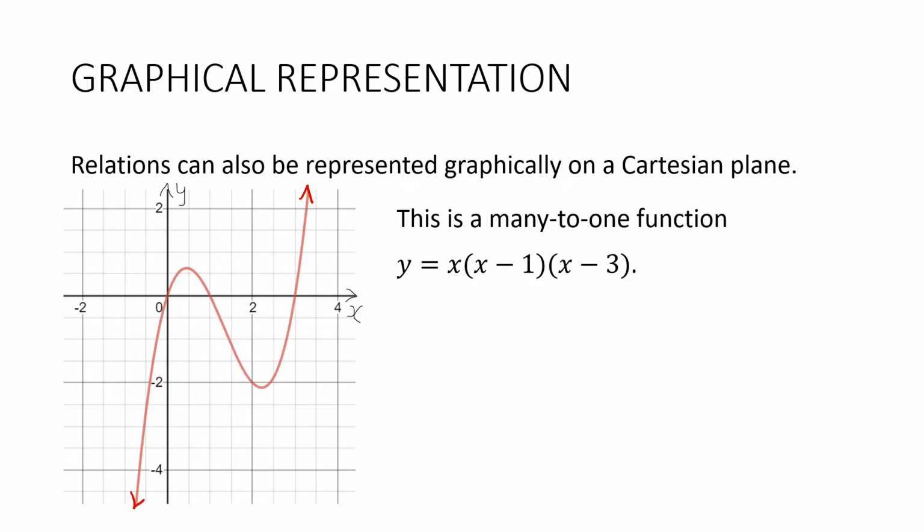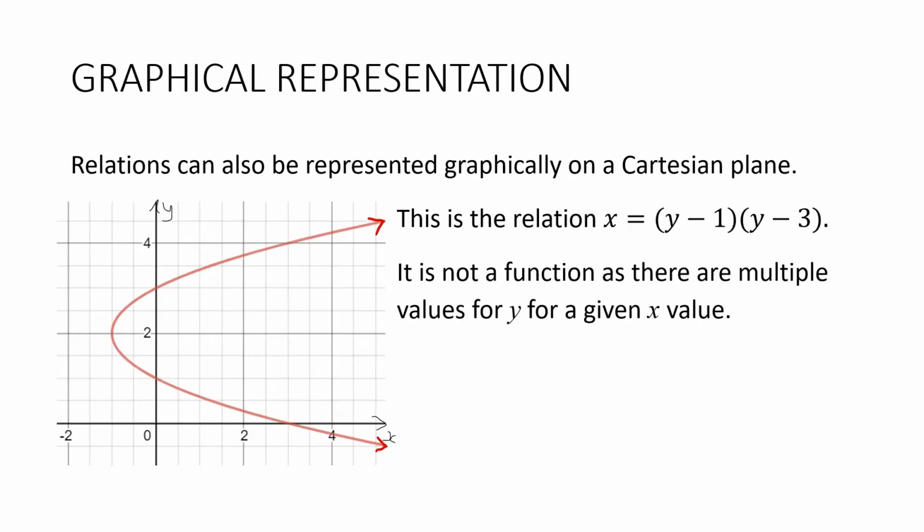And this is a many-to-one function. So throughout this part of the graph, there are 3 separate x values that map to exactly the same y value. Now, this is an example of a relation that's not a function. In this case, we have got one-to-many. So through here, we've got a single x value mapping to different y values.